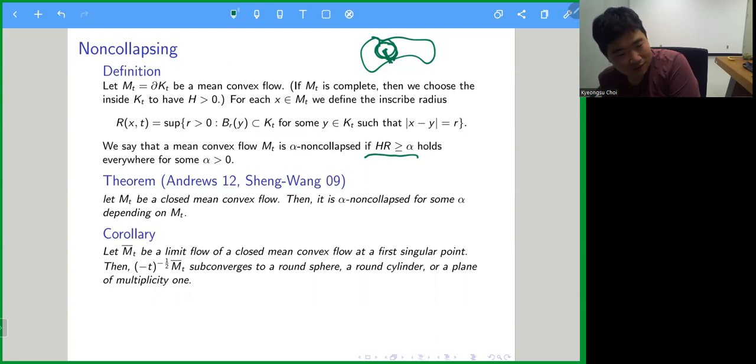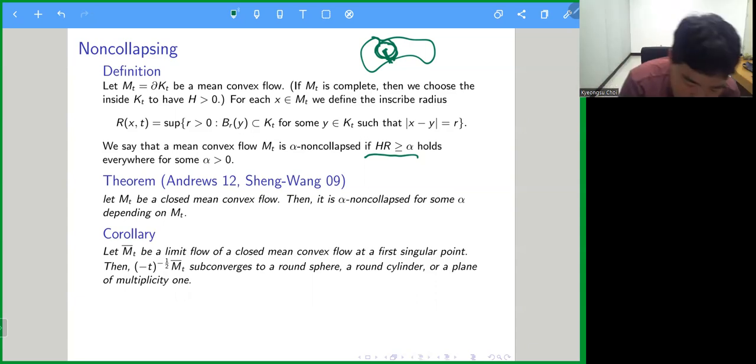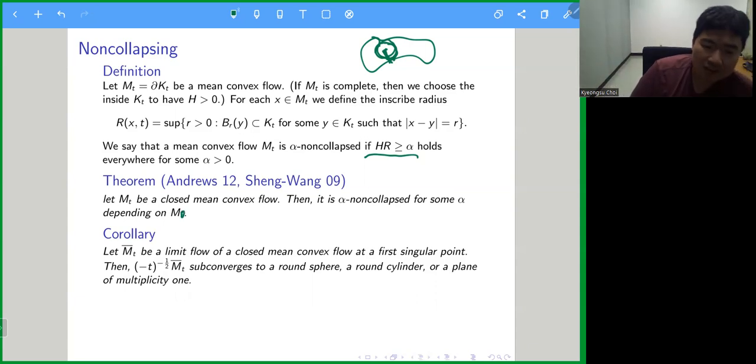So if you see the paper, you can see that if the initial data is a closed mean convex flow, then alpha remains bounded below. You have a uniform lower bound alpha, which only depends on the initial data M naught. You can obtain this by using a maximum principle.